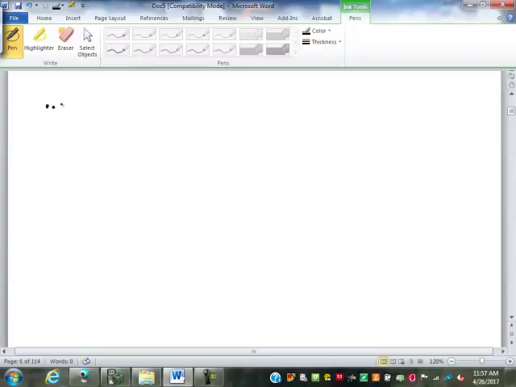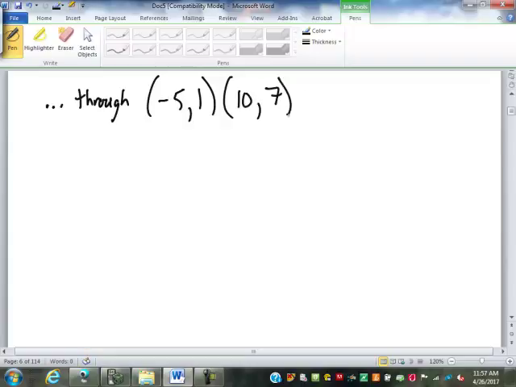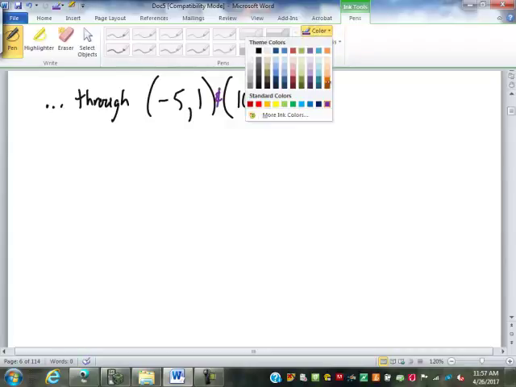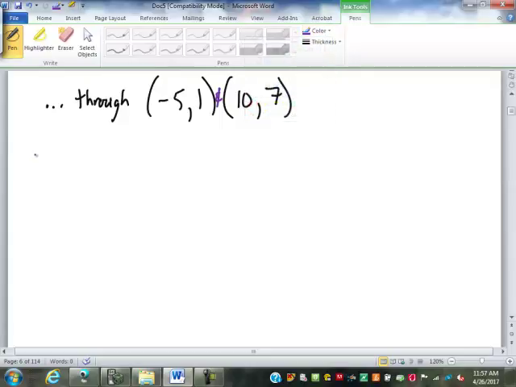So again, find the equation of a line that goes through points (-5, 1) and (10, 7). So again, our first step is going to be to find that slope.